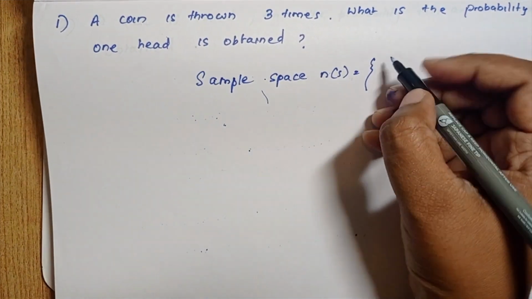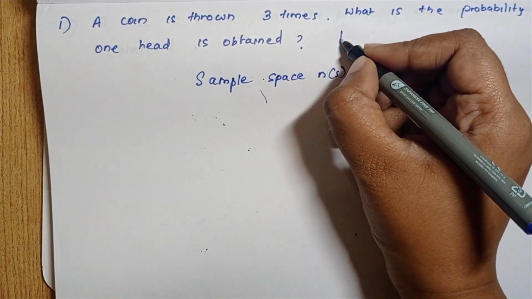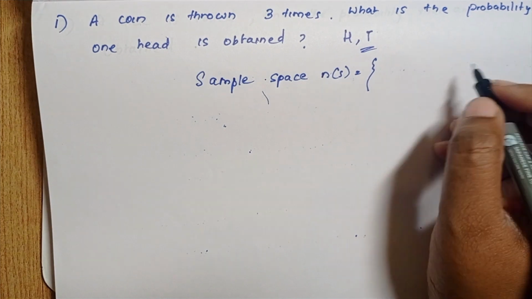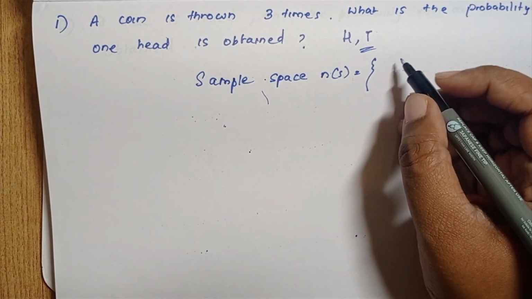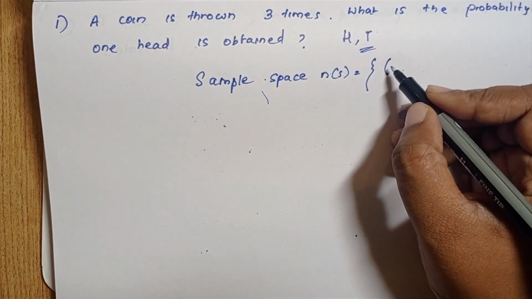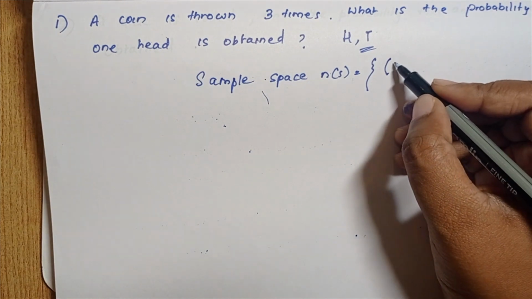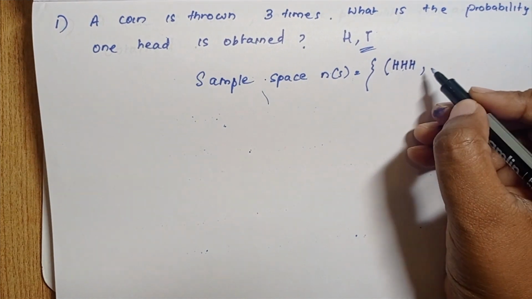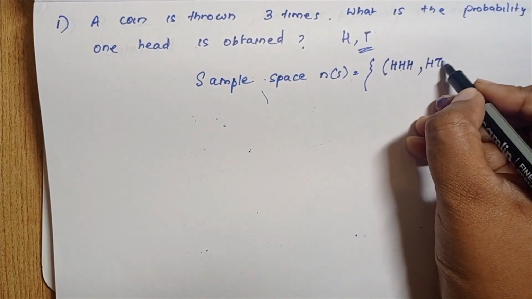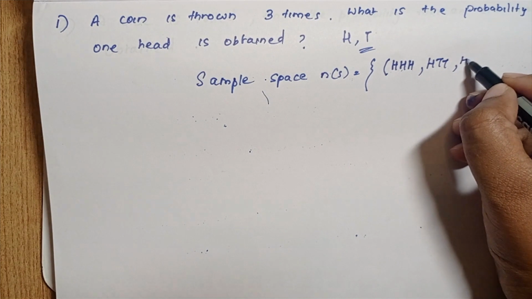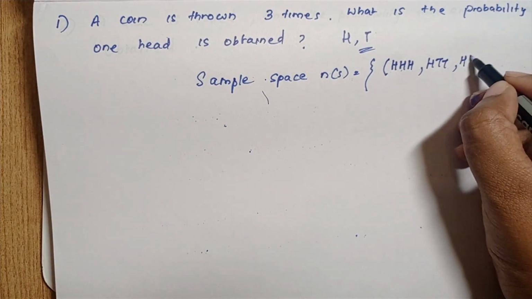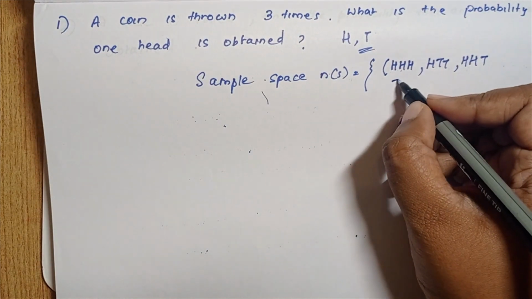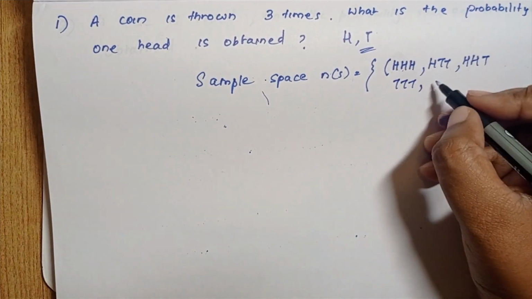So what are the various possibilities? Let H be heads and T be tails. If a coin is tossed 3 times, what are the various possibilities that we'll get? We'll get either H three times, or two heads and a tail, H H T. Now we could get all tails.